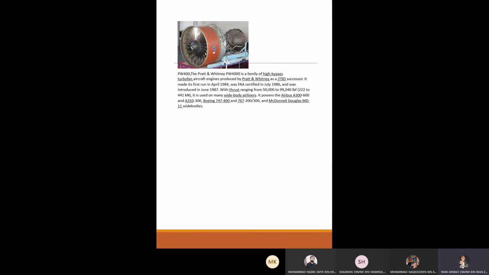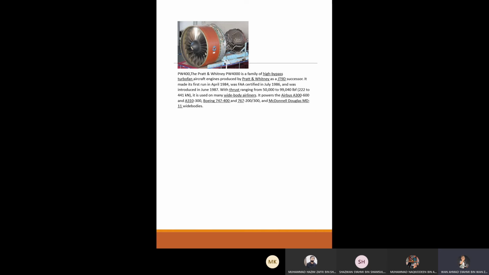Lastly, the PW4000. The Pratt and Whitney PW4000 is a family of high bypass turbofan aircraft engines produced by Pratt and Whitney as a JT9D successor. It made its first run in April 1984, was FAA certified in July 1986, with thrust ranging from 50,000 to 99,040 lbf.